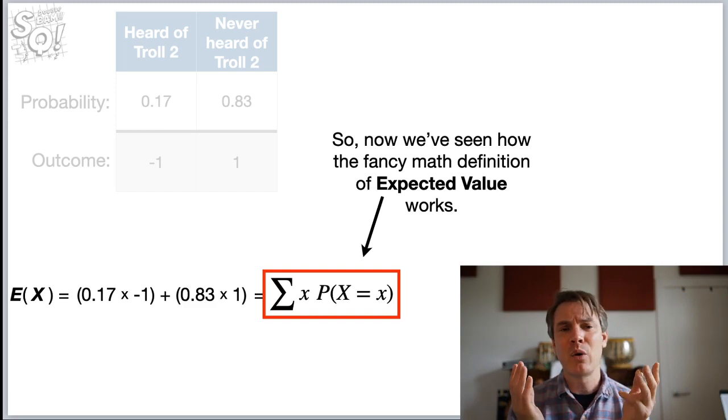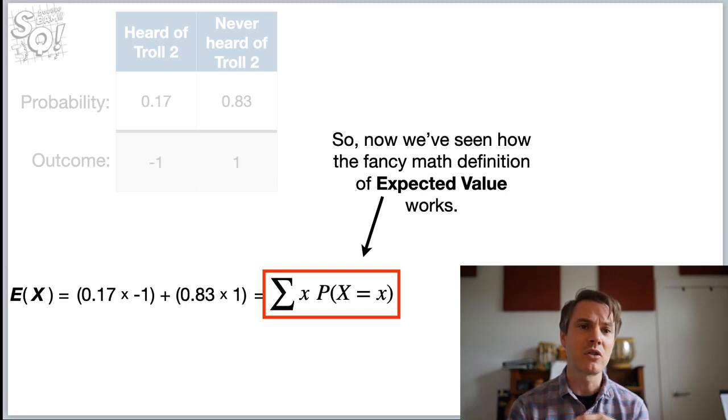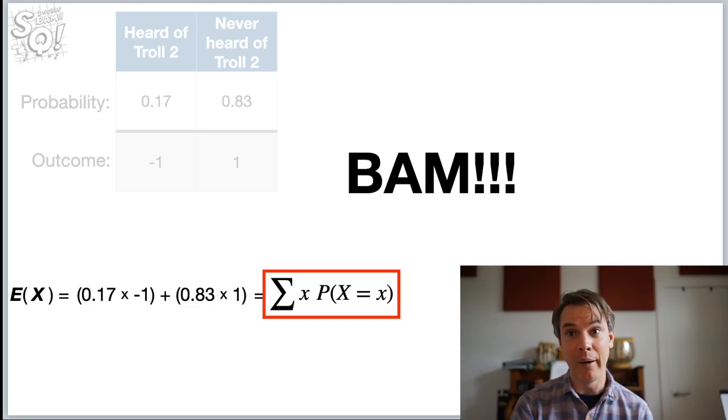I go, "What does that equation mean? I don't know." And that would intimidate me. So what I'm doing is I'm putting them on the screen to try to demystify it. So we're going to plug in things for x, and we're going to plug in stuff for that probability a bunch of times. So hopefully by the end of this StatQuest, you're going to be real comfortable with this formula and you'll be like, "I get it. It's just a way of calculating an average." Okay, bam.